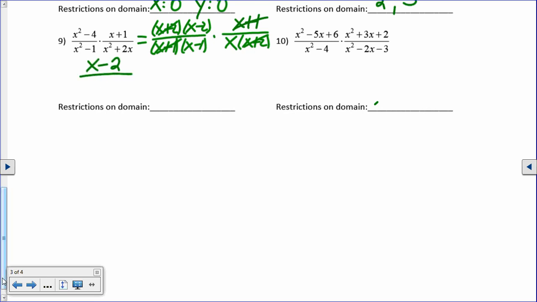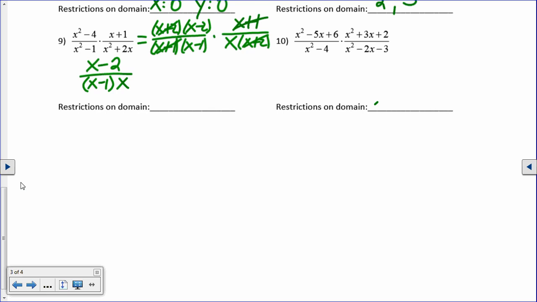And then what's left over in the denominator? So I have the x minus 1, x. You do not have to multiply them back together. Just leave them separated. If you have multiple things left over in either the top or the bottom, just write them next to each other. You don't have to distribute, FOIL, anything like that. Just leave them alone. Okay?